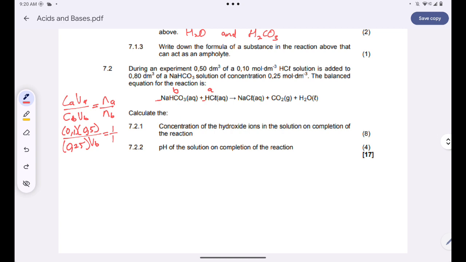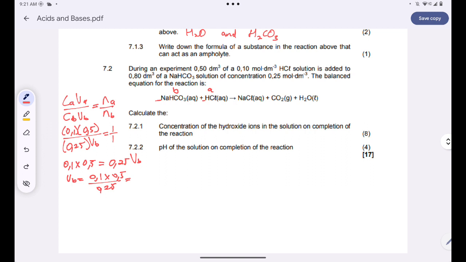So the only unknown I have here, guys, is my volume. So I'll simply say 0.1 multiplied by 0.5 is equal to 0.25 multiplied by the volume of my base. Therefore, the volume of my base is simply 0.1 multiplied by 0.5 all divided by 0.25.